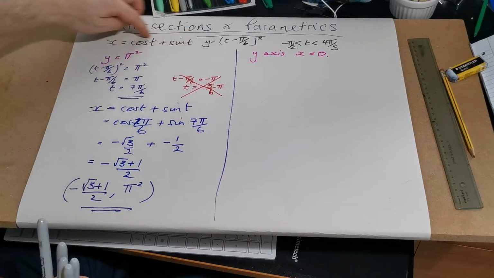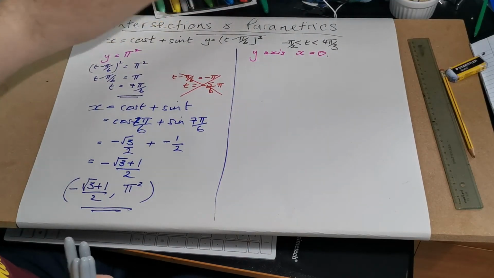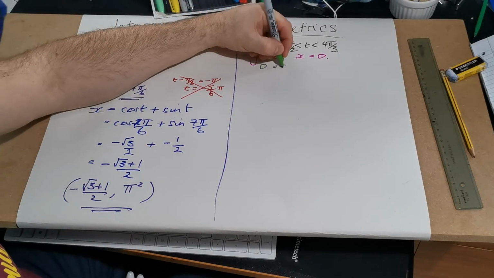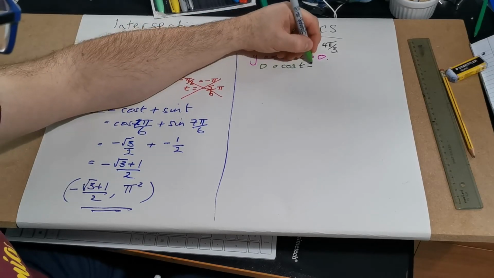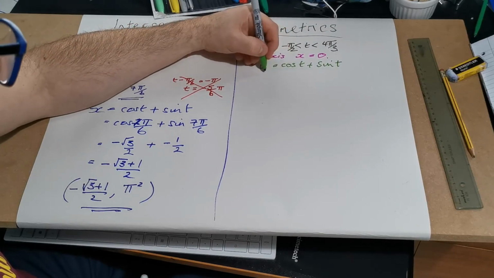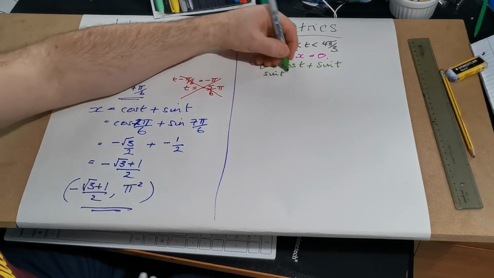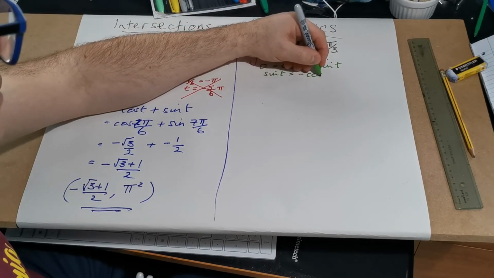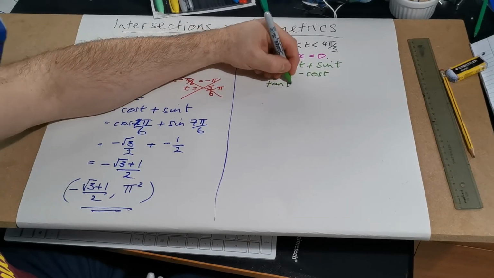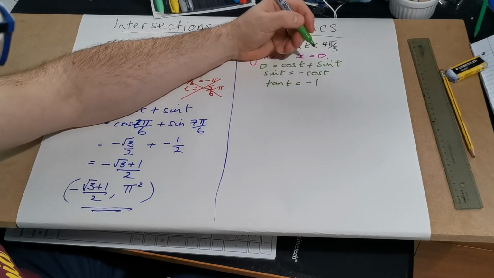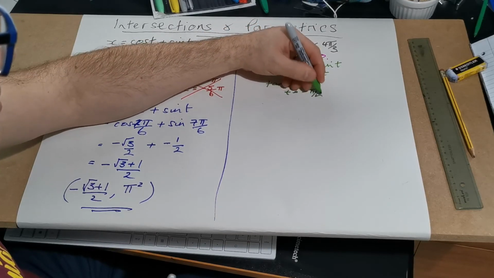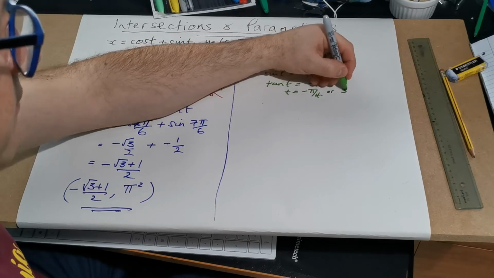So I'm going to come back to this here, and I'm going to say that 0 is equal to cos t plus sine t, or sine t equals minus cos t, which I can rearrange even further to say tan t is equal to minus 1. So t is equal to minus pi by 4 or 3 pi by 4.